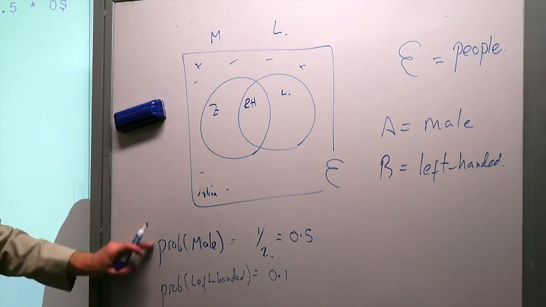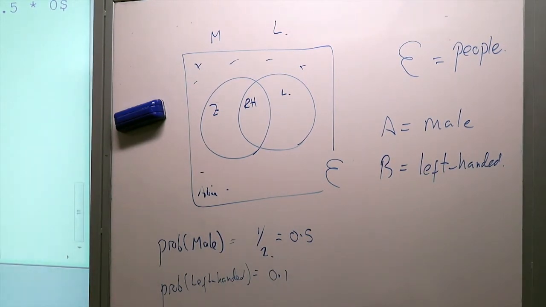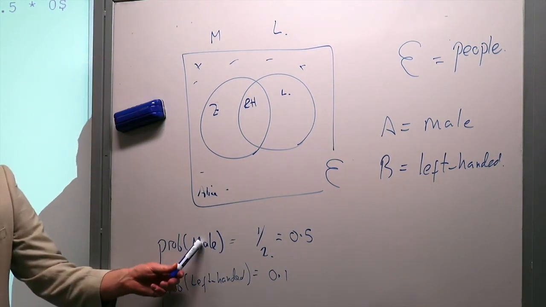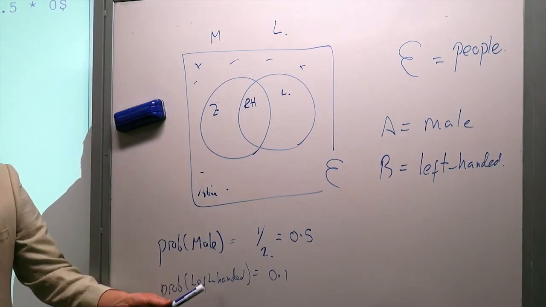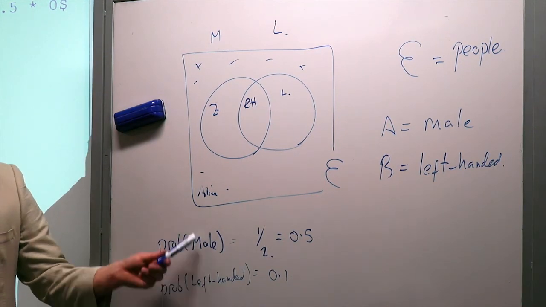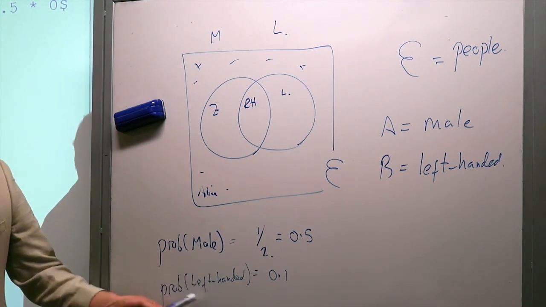But you see, these two statements don't really care about each other. They don't interfere with one another, because this one doesn't make any reference to handedness, and this one makes no reference to gender. So they don't touch one another.